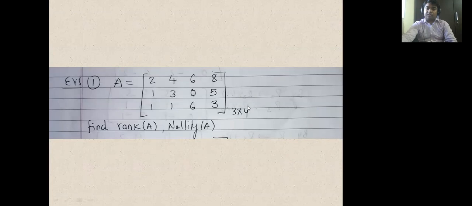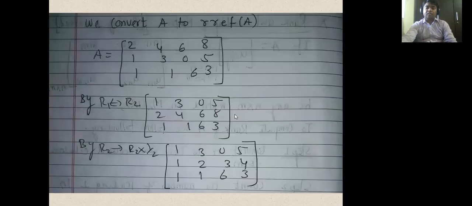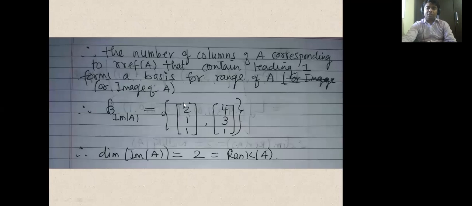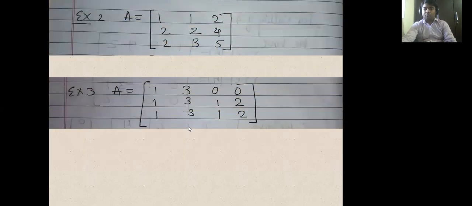If there is a linear transformation, then the domain dimension will be 4 and the codomain dimension will be 3. That means there will be 4 components in the domain vector space, and in the codomain there will be a 3 component space. That is why the basis of the image contains 2 vectors, and each vector contains 3 components. But when I compute the kernel, this is what will happen.